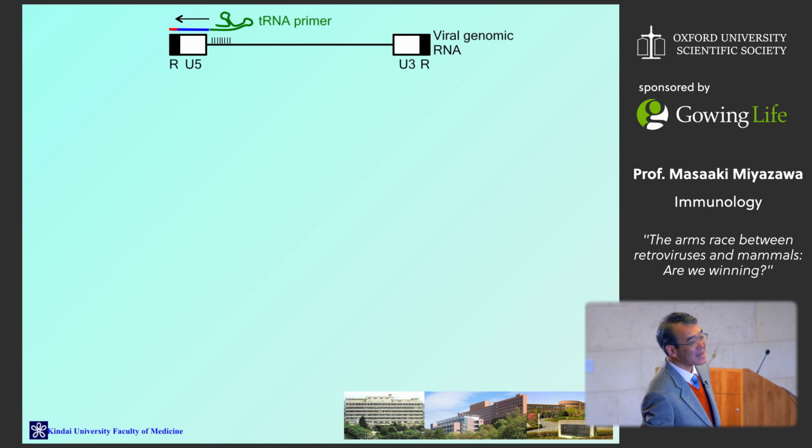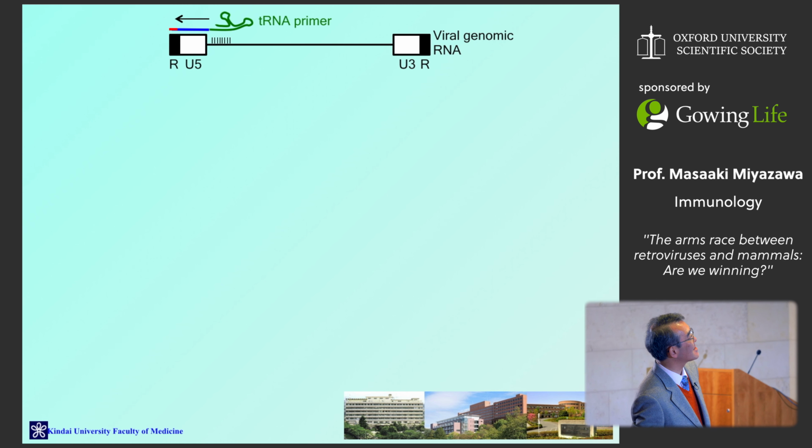So one secret of the retrovirus is the presence of this R sequence. That is the repeat of exactly the same sequence on both sides of the RNA genome.